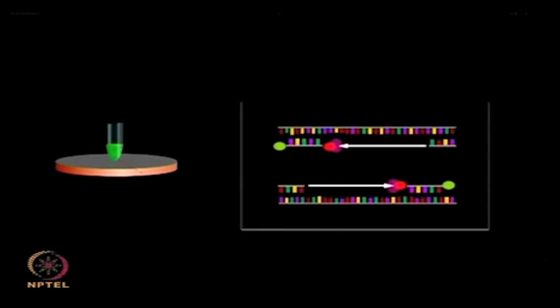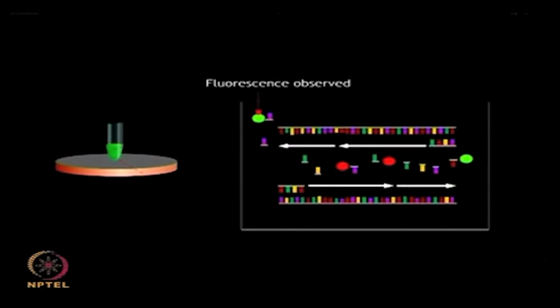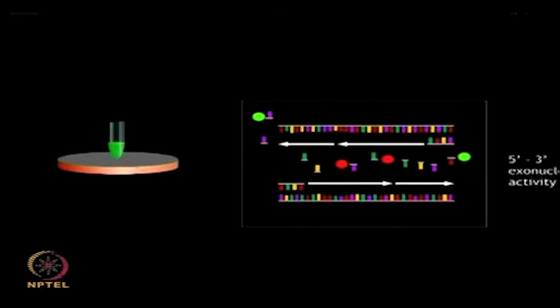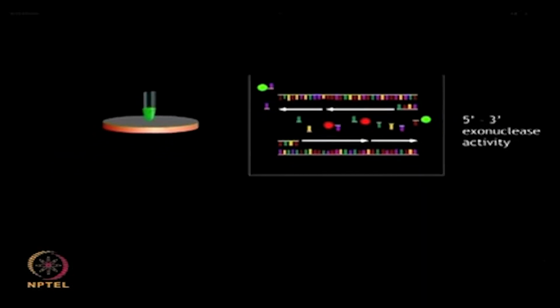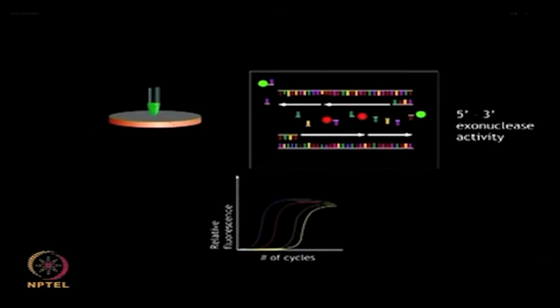The Taq polymerase continues to elongate the DNA strand based on the corresponding template DNA. When it reaches the bound probe molecule, the 5' to 3' exonuclease activity of Taq polymerase degrades the probe into its nucleotide fragments and continues to elongate the DNA strand.